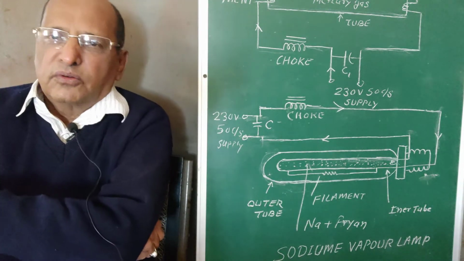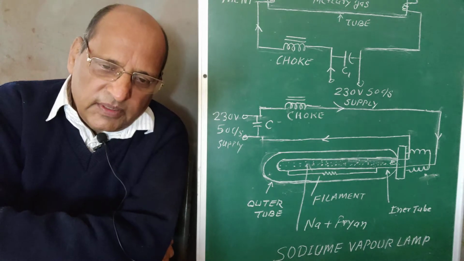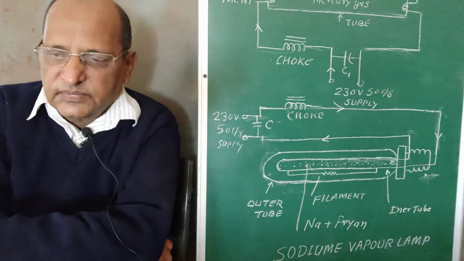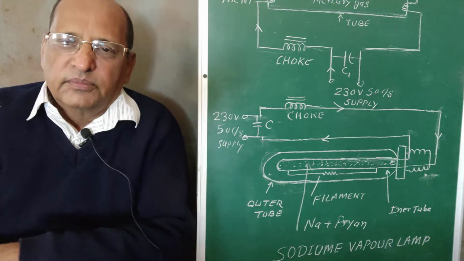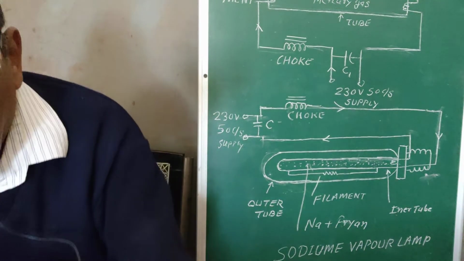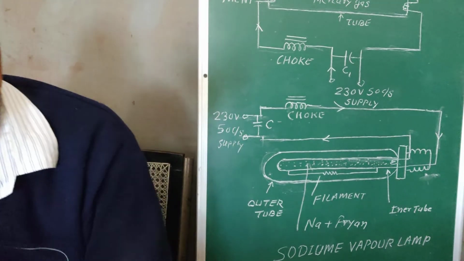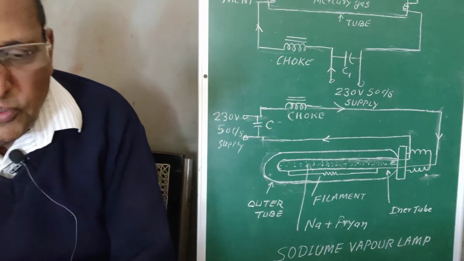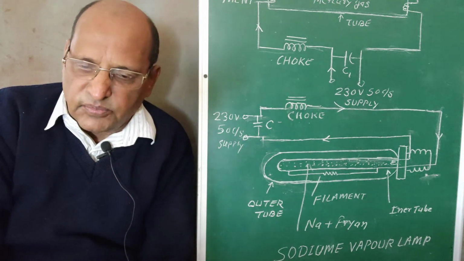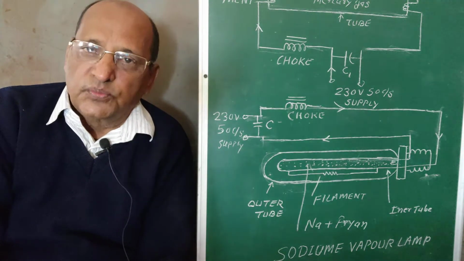And nowadays these are also replaced by CFL, that is compact fluorescent lamp. People use CFLs in place of mercury lamps or the tube light. Now LED tube lights are also available, which consume less power compared to old conventional tubes.